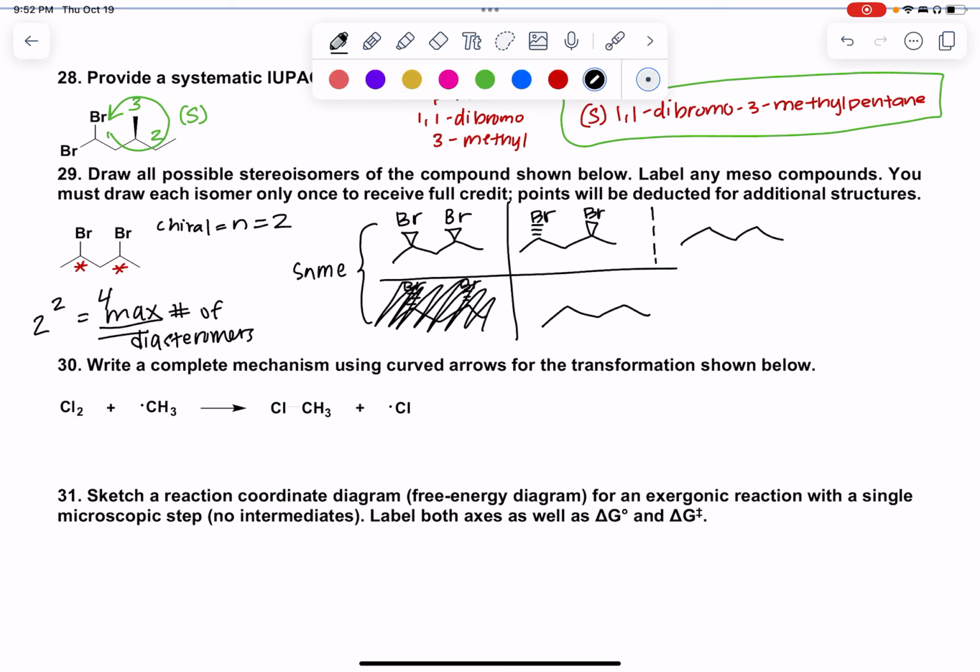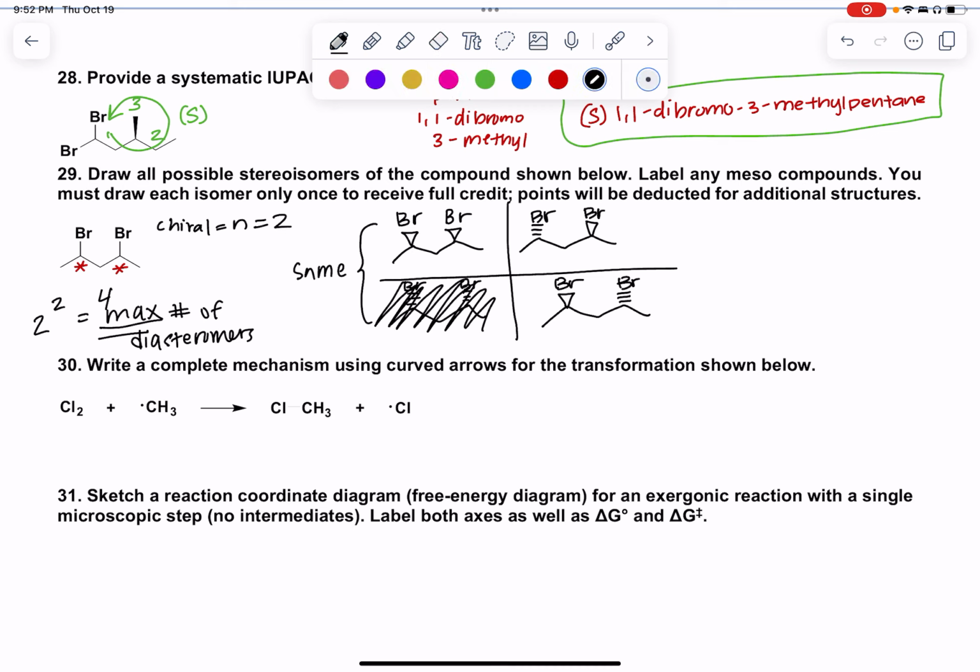So instead I'm going to put this one on a wedge because that's what's closest to me here. That's what's closest to me in this one. Those are closest. And then I'm going to put this one on the dash. So that's the enantiomer. So I'm going to draw that one right in here in my little box. All right, now, so this one is just the same as what I drew over here.